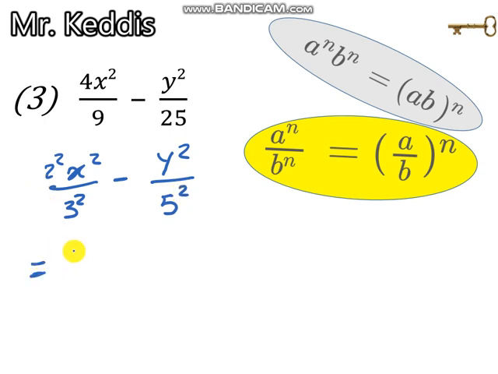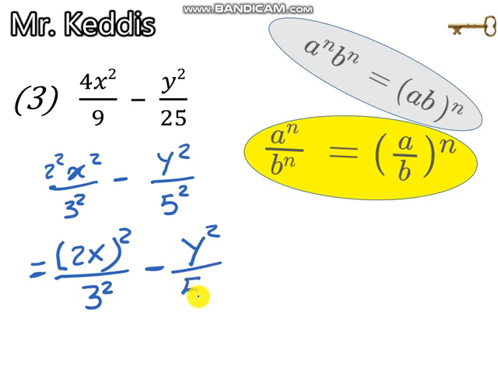This means 2x quantity squared over 3 squared minus y squared over 5 squared. This is a over b. I can write this as y over 5 quantity squared and 2x over 3 quantity squared.